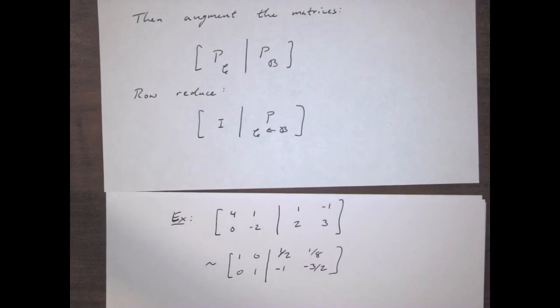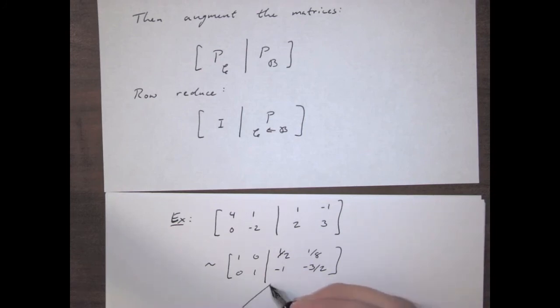Now, what's the significance of what we have produced? Right here on the right, what we have is the change of basis matrix. So P from B to C then equals 1/2, 1/8, -1, -3/2.